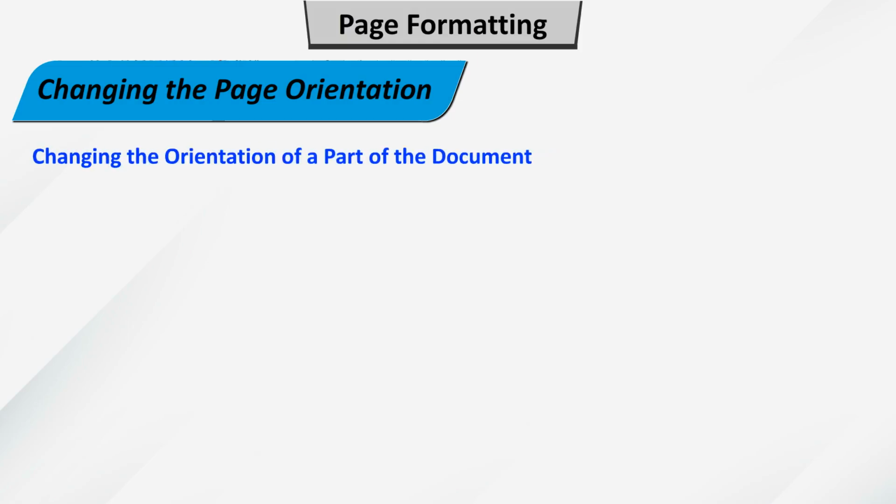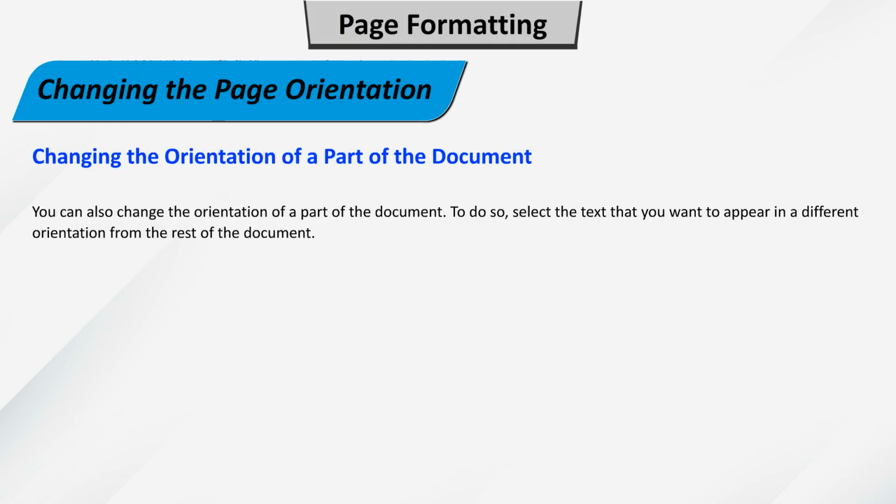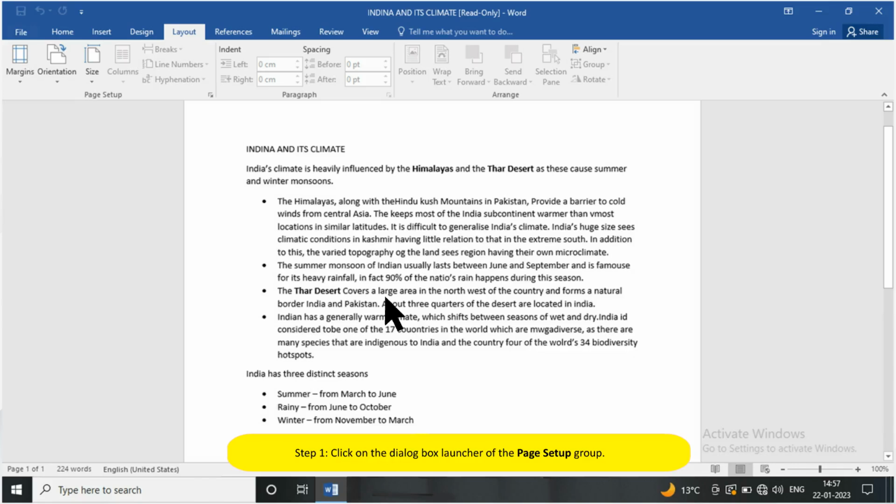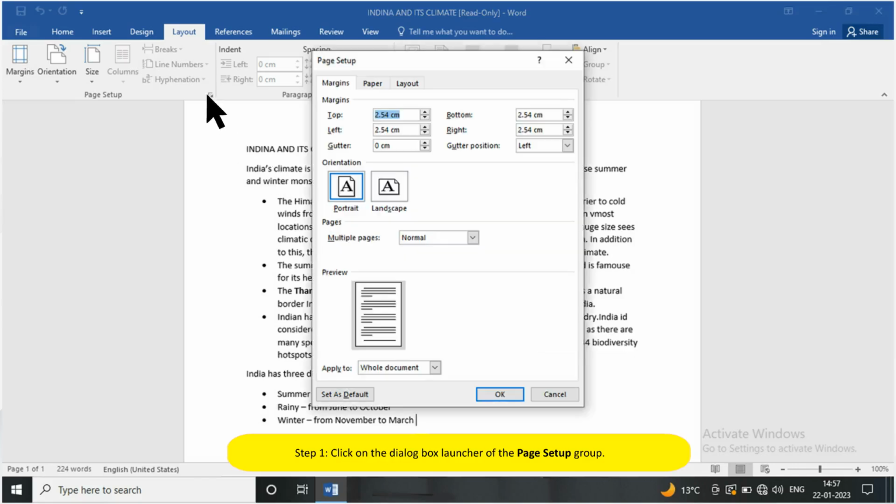Changing the orientation of a part of the document. You can also change the orientation of a part of the document. To do so, select the text that you want to appear in a different orientation from the rest of the document. Step 1. Click on the dialog box launcher of the Page Setup group. Step 2.